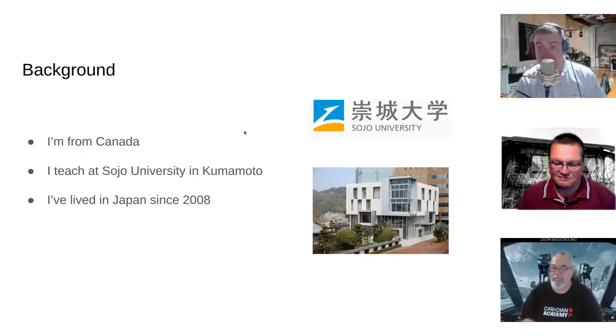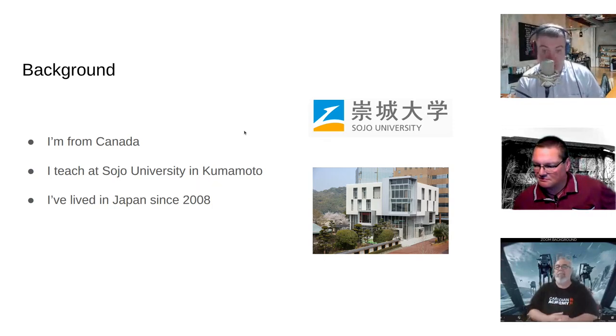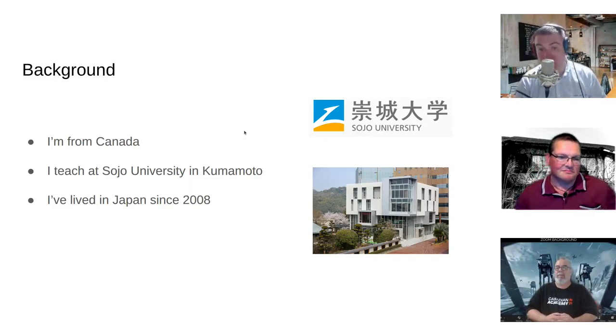For the longest time, I was a Google Classroom educator, and I was a trainer also for Google Classroom. I came a little bit late to Moodle, partly because of my involvement with some NPOs and not actually using it in class. I only started using Moodle on a regular basis in class when I started working at Sojo University.